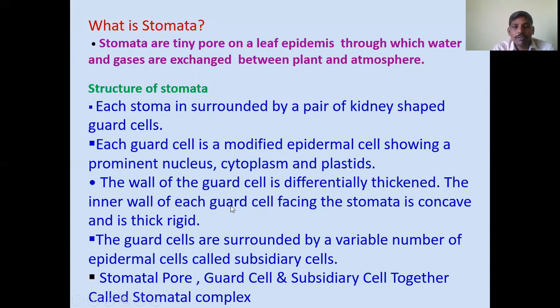The inner wall of each guard cell facing the stomatal pore is concave, thick and rigid. The guard cells are surrounded by a variable number of epidermal cells called subsidiary cells. The stomatal pore, guard cells, and subsidiary cells together constitute the stomatal complex.